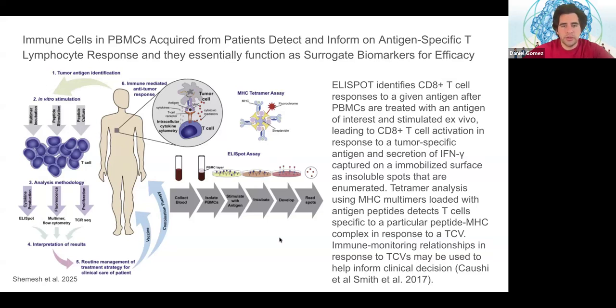This is showing you, step by step, what I went over. I'll go over the 6 steps for these efficacy surrogate biomarkers in immune cells and PBMCs.